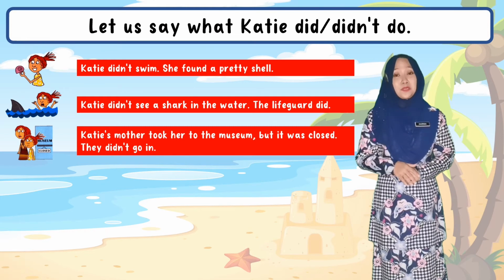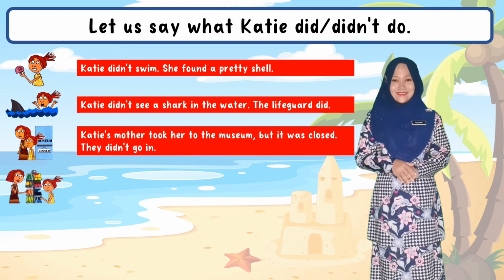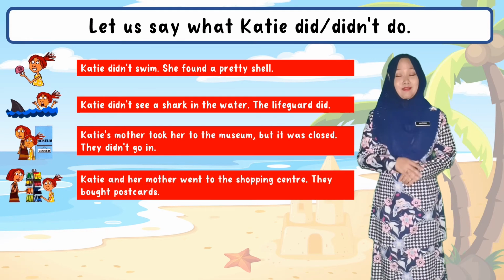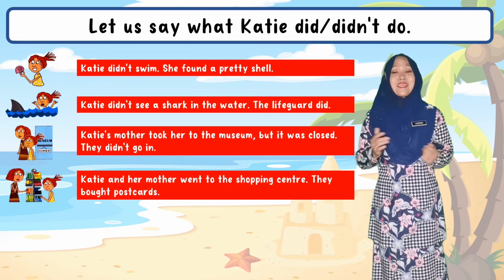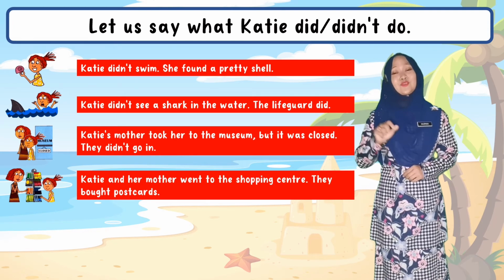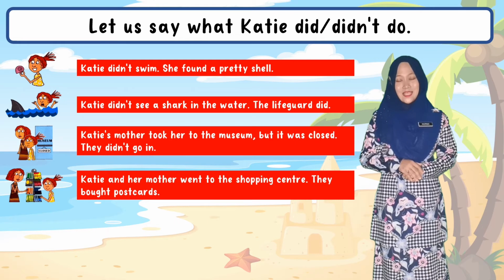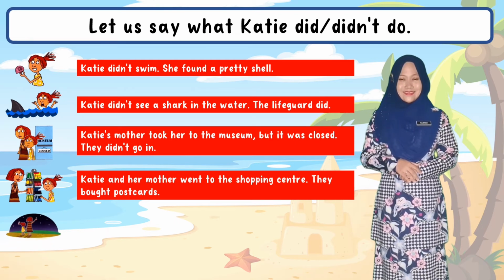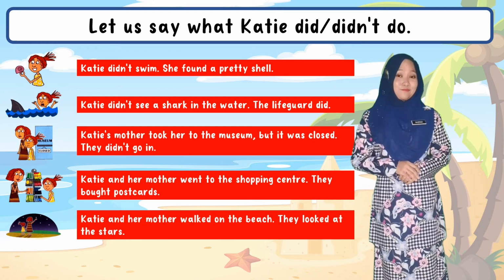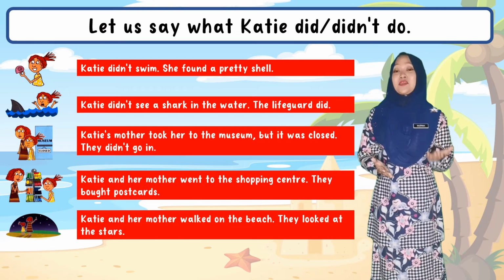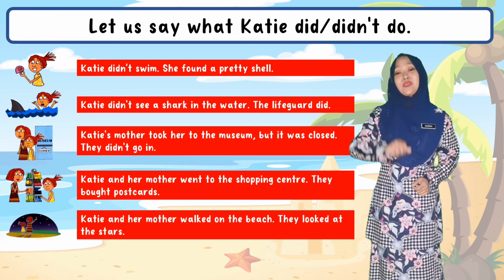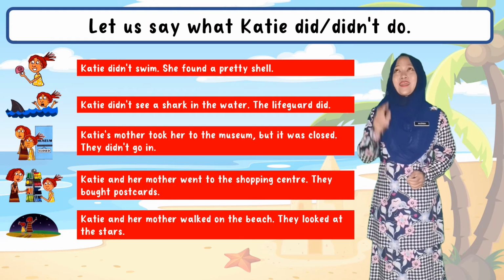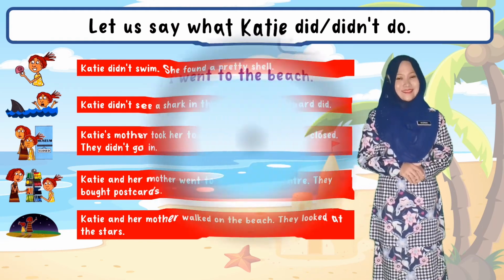They didn't go in. Number 4. Katie and her mother went to the shopping center. They bought postcards. Number 5. Katie and her mother walked on the beach. They looked at the stars.